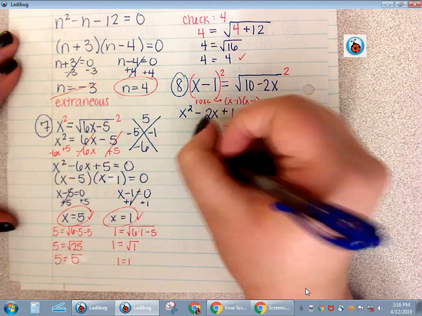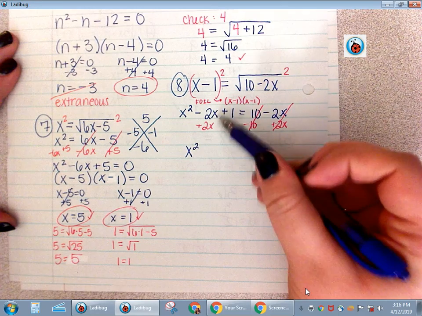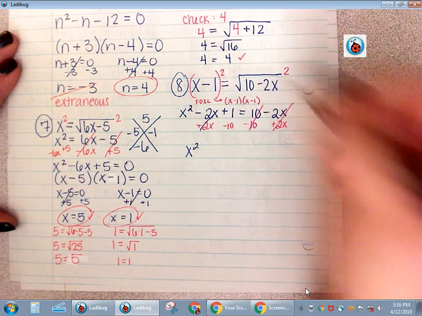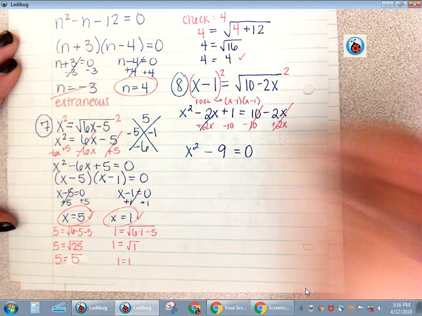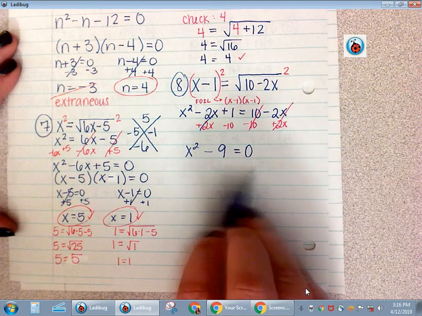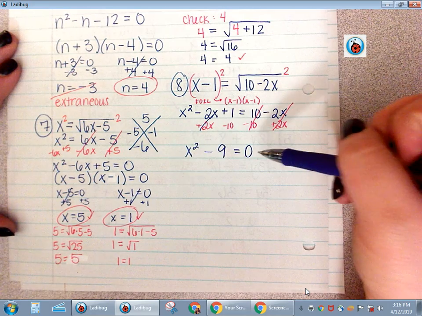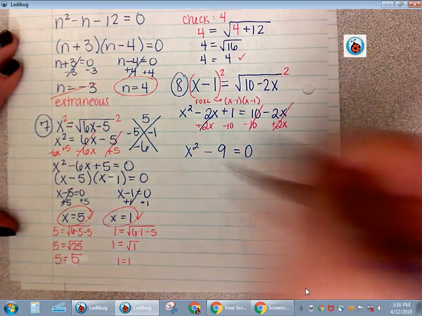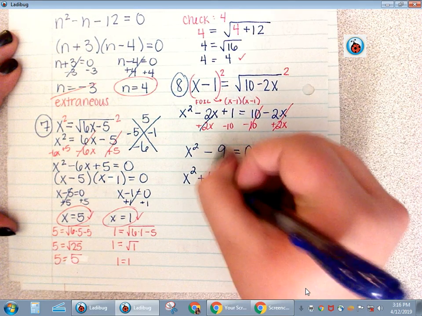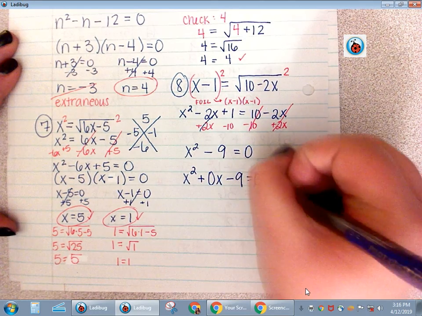So on my left, I have x squared. Negative 2x plus 2x, those canceled. 1 minus 10 is minus 9. I don't have any x terms. And factoring when we have no x terms looks a little sketchy unless you remember the trick. If you don't remember the trick, my advice is to write it as if you have no x terms.